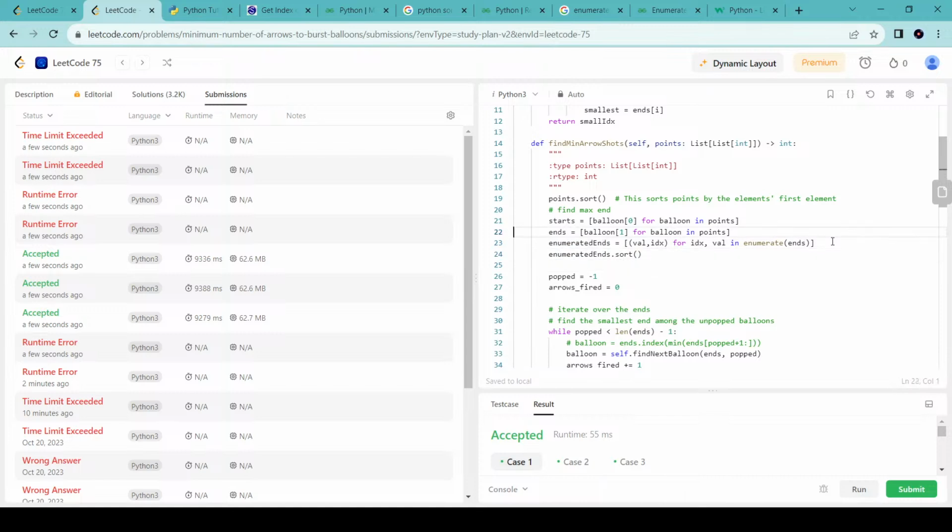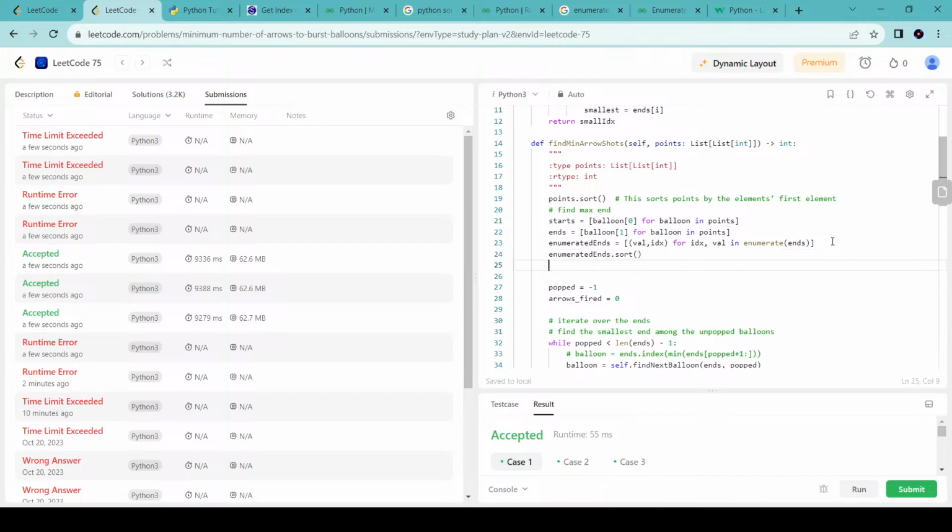First I'm going to get a list of pairs. Instead of index-value pairs, I'm going to get value-index pairs from the enumerated ends, and then sort them. What this does is basically sort by the value.